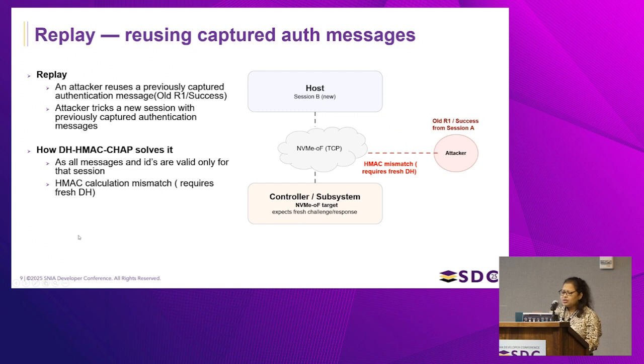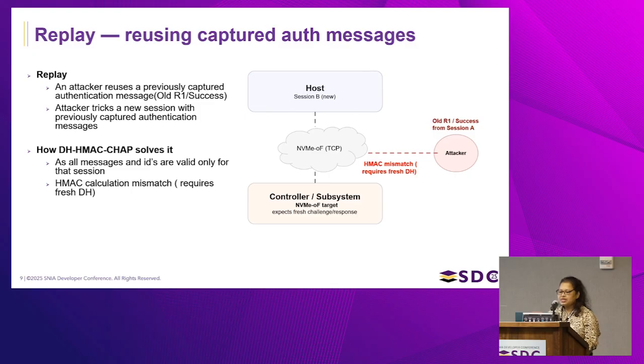Down at the bottom, you see the controller subsystem explicitly expects a fresh challenge response for this new session. So every time a new session is created, all the challenge and responses are newly calculated. So even if it has captured the previous challenges and responses, they are not useful in the new session.